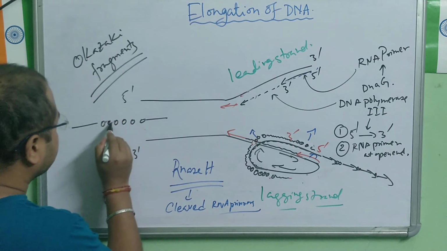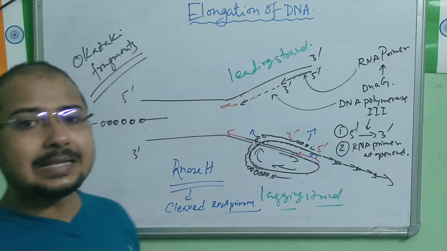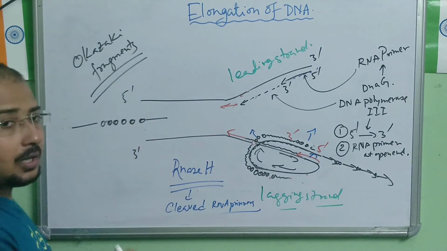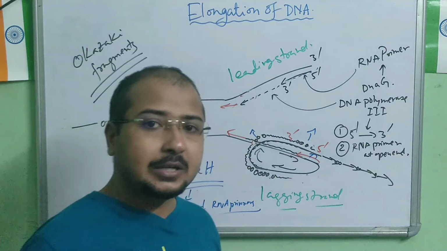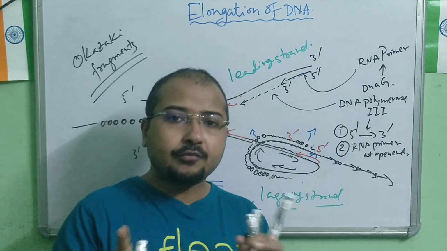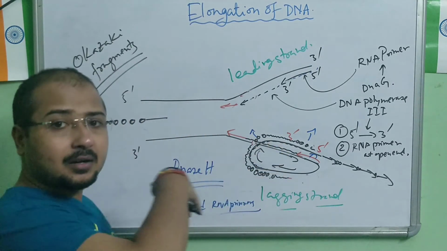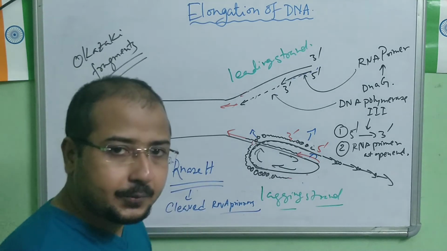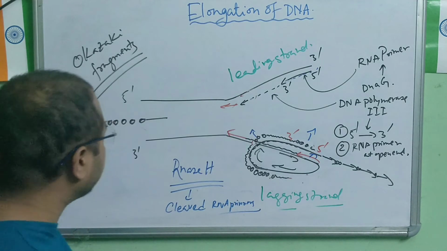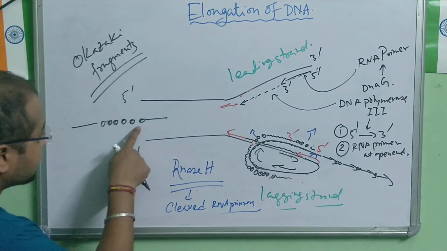Okay, there we see in between these nucleotide molecules we see nicks, not gaps. What is the difference between nick and gap? A gap is when there is an absence of nucleotide molecules, which we see once the RNA primers are removed. Now when these blank spaces are filled by the nucleotide molecules, we will not say there are gaps anymore. There are nicks.